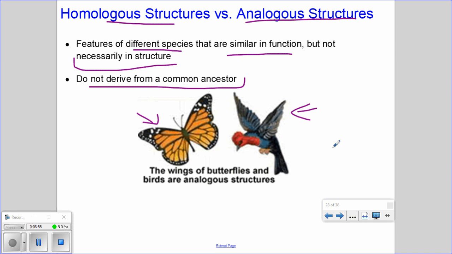They are both used for flying, but because they are both used for flying, it does not necessarily mean they have a common ancestor. In fact, if you look at the evolutionary paths for these different organisms, you'll see that these structures do not derive from a common ancestor.